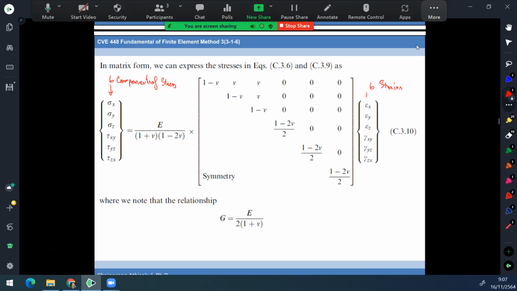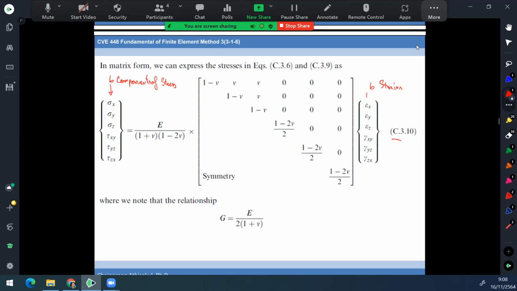For the case of a body subject to force in space, we consider the three-dimensional, linear elastic body that obeys Hooke's law. The six components of stress and six components of strain relate to each other by this equation.